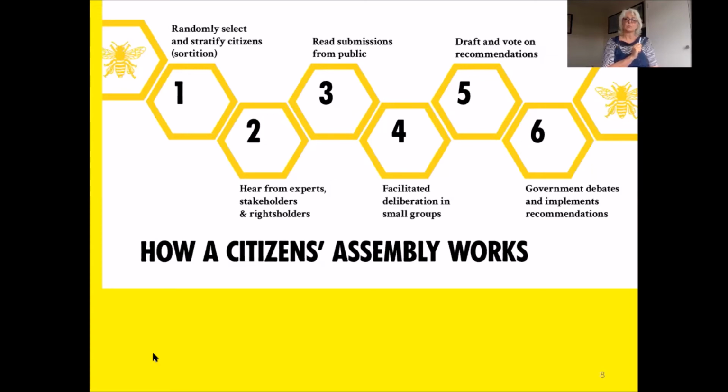80% of those were randomly selected from the Royal Mail address file, and then 20% from the most deprived areas where they expected a lower response rate from those sources.